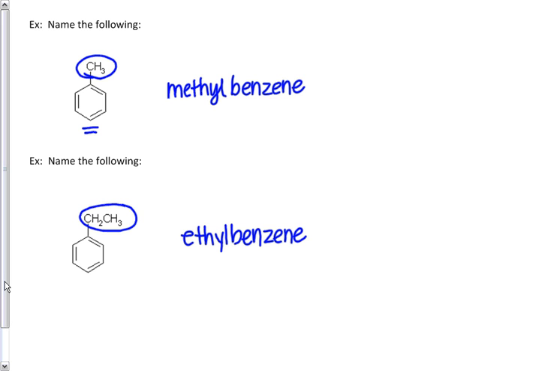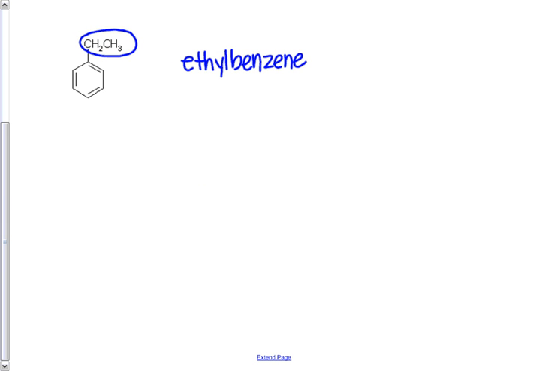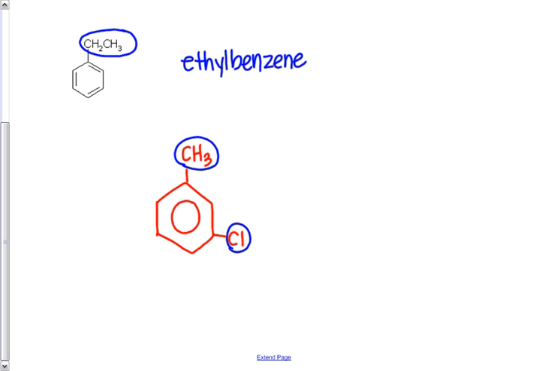However, if there is more than 1 attachment, for example, we'll draw a benzene, and I am going to put a CH3 group here and a Cl group here. We still want the parent chain to be a benzene, but now we look at our attachments and we have a chlorine and we have a methyl.